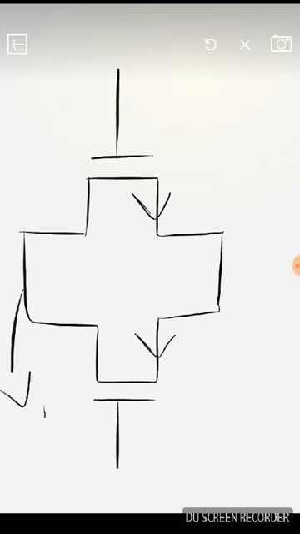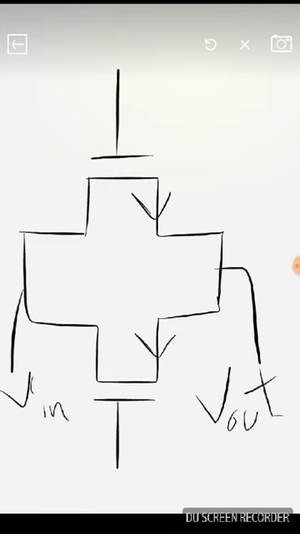Here we give the V in, and here we take the V out. Okay, so here we give the clock to the NMOS, and to the PMOS we give the clock bar.